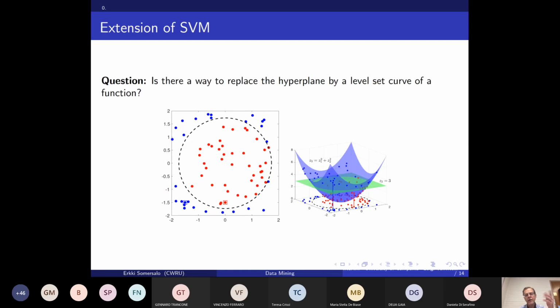So the trick is that if I extend my data into a higher dimensional space in a way that I know will make the separating circle become a level set, then I can do a perfect separation by using support vector machine. And so this is the idea.